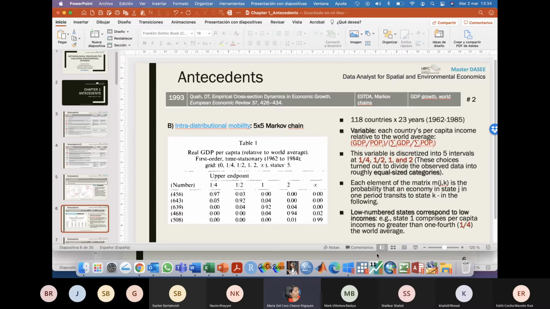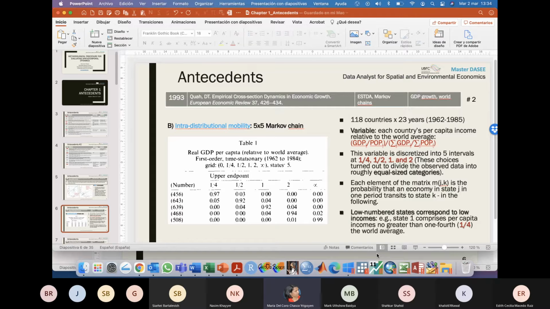After the ESDA, he properly employed the method of Markov chains to study this intradistributional mobility in the panel data of 181 countries during the period of 23 years, from 1962 to 1985. He defines this variable as each country's per capita income relative to the world average.